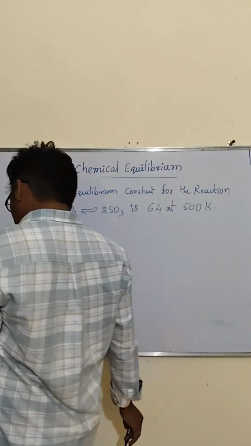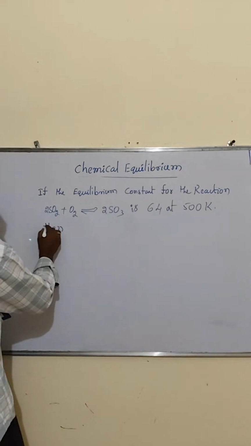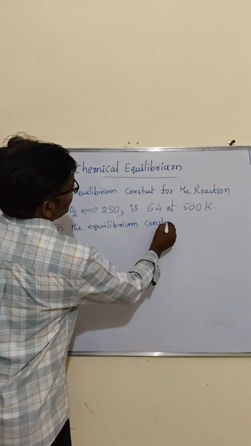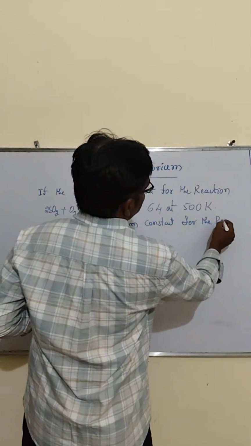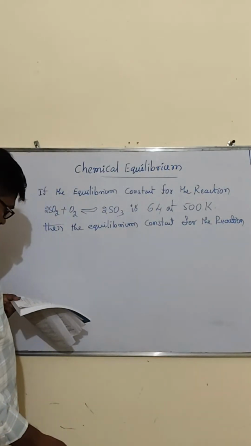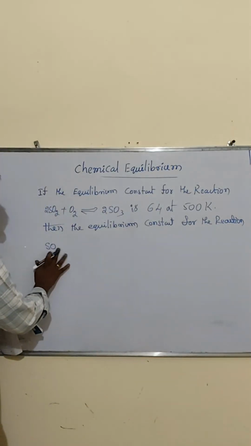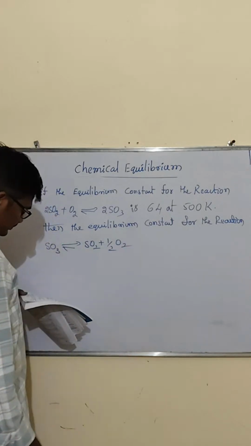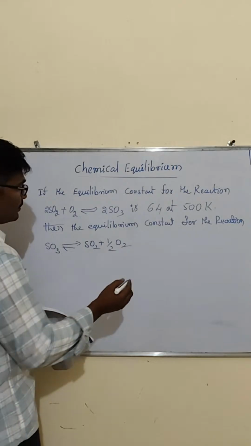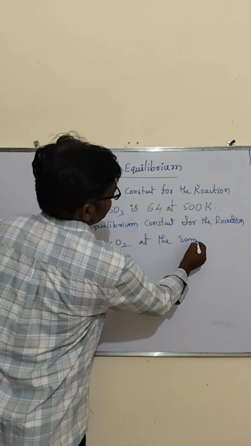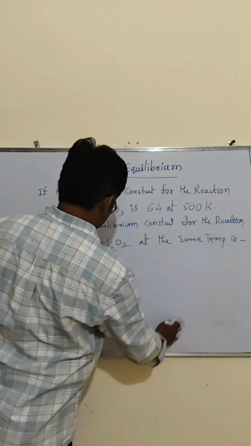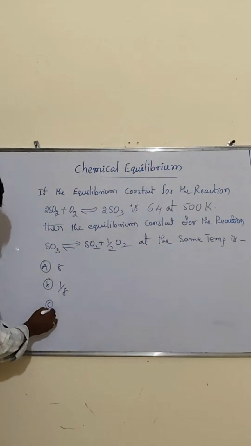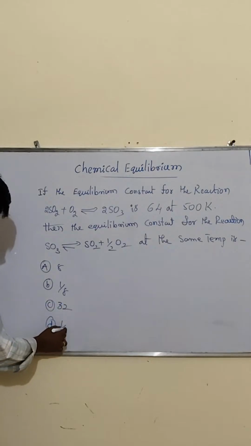Then the equilibrium constant for the reaction SO3 gives rise to SO2 plus 1 by 2 O2 at the same temperature is, options: A, 8, then B, 1 by 8, then C, 32, then D, 1 by 64.